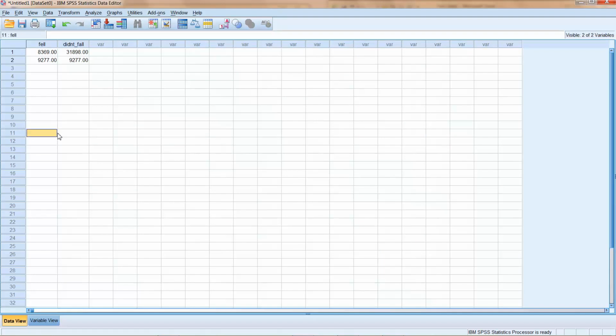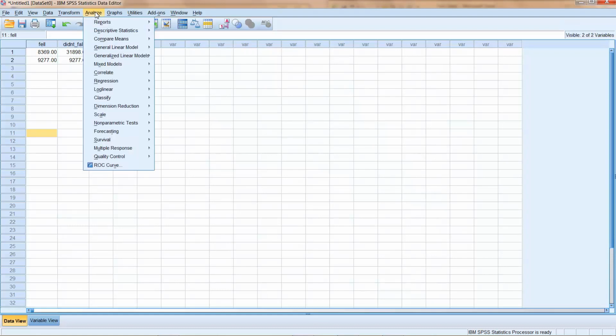So we'll take a look at our data, and our row 1 is younger elderly, row 2 is older elderly.